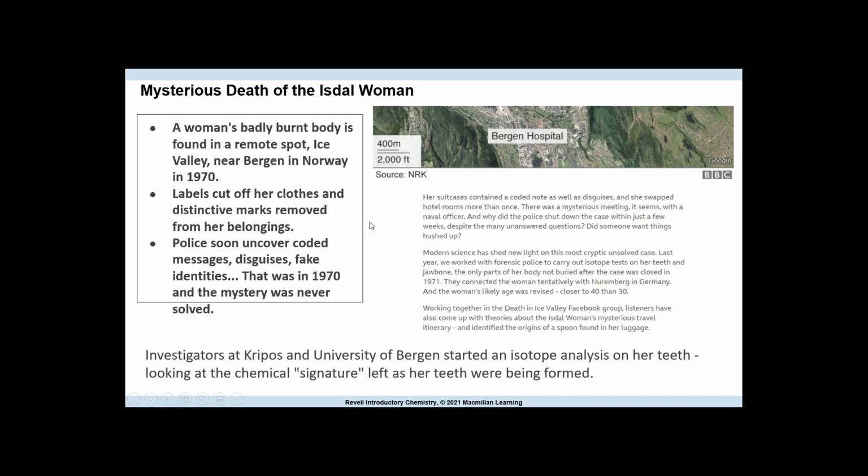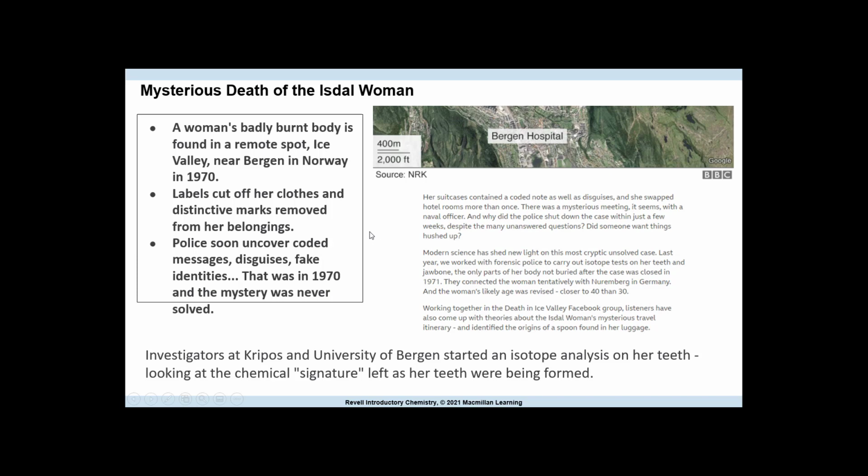She had a suitcase. She gave people different names. They were able to locate that she was in a few cities, but she always gave different names, different disguises, and used fake identification paperwork.